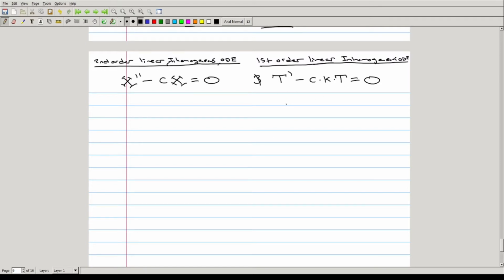So this first order differential equation is just the exponential equation, and it has the general solution, for any initial temperature T naught, of T naught times e to the c times t.